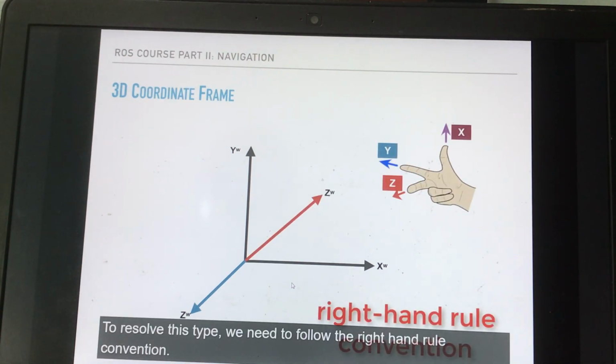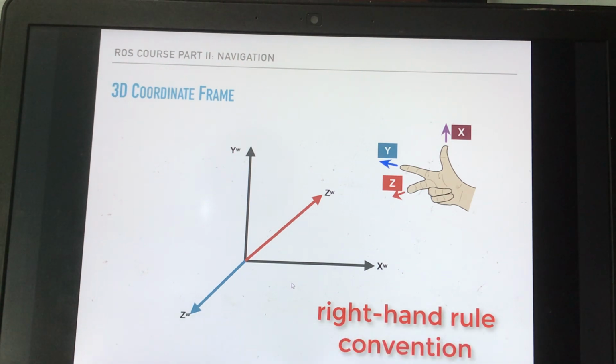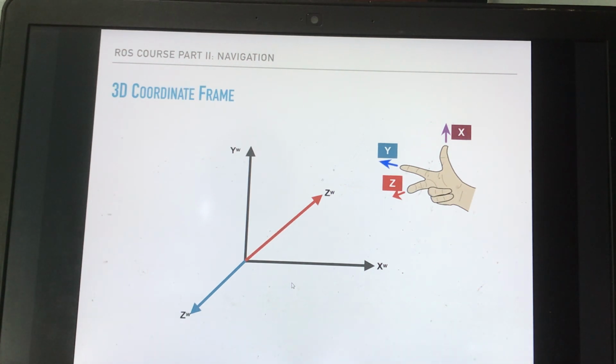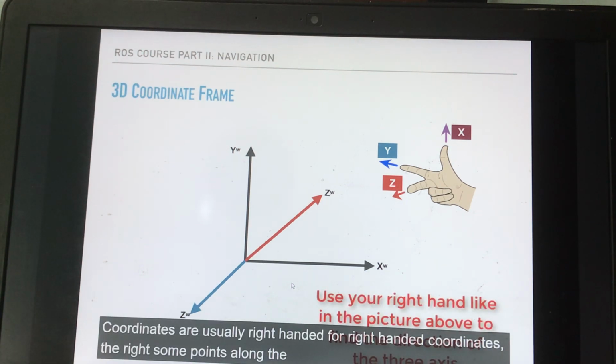To resolve this tie, we need to follow the right-hand rule convention. It is a convention in robotics that specifies the direction of the three axes in a three-dimensional coordinate frame. Coordinates are usually right-handed.